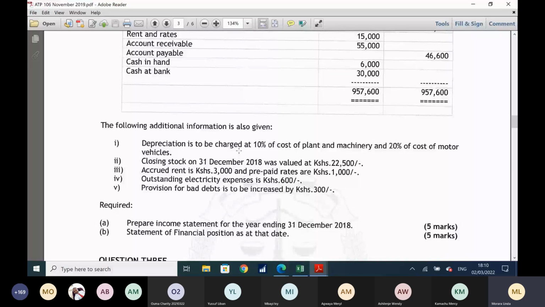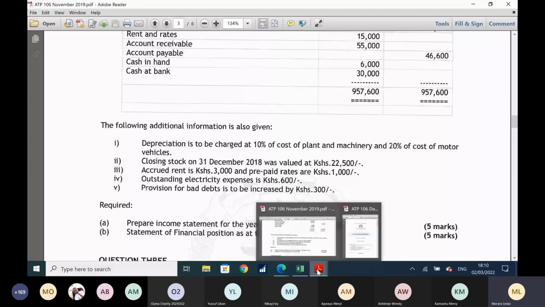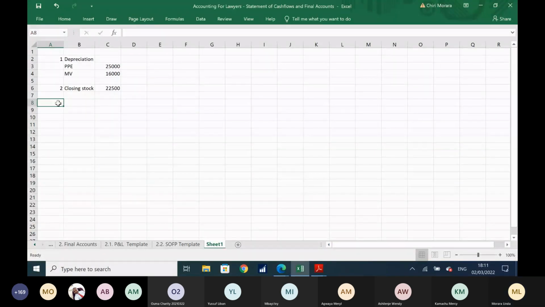So accrued rent, so you have accrued some rent, right? And the accrued rent is an expense. So you need to debit your rent expense and then credit your accruals. So we can just do it for point number 3.